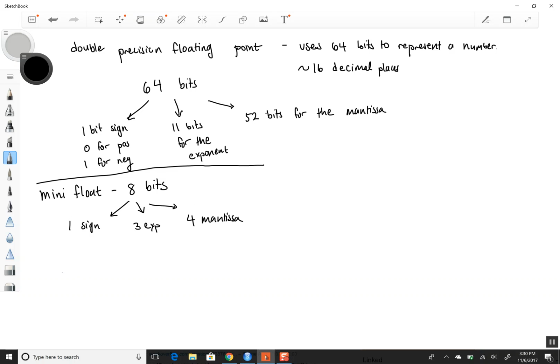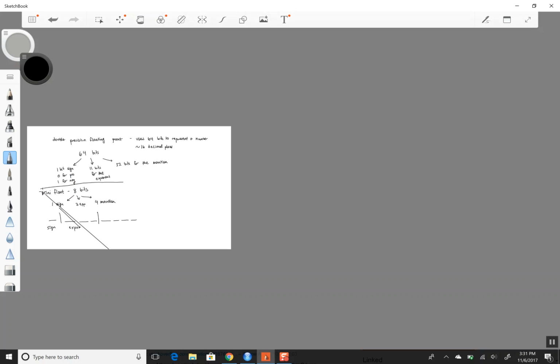All right, and so we will get the same kind of idea of how double floating point precision works.